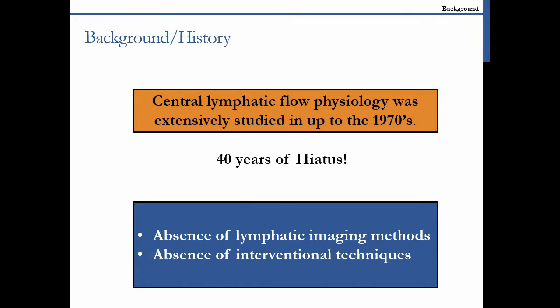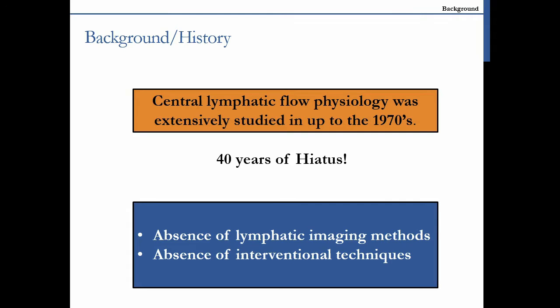If you look at the literature, in the 60s, 70s, starting with Starling in 1896, everybody was obsessed with the lymphatic system. You can see any possible experiment, human, animal, testing the concentration of albumins, flow in the lymphatic system. And then 40 years of almost complete silence.